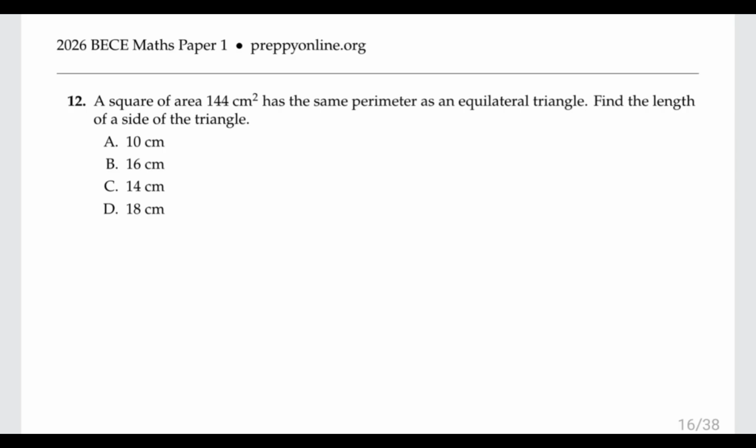The next question is question 12. A square of area 144 cm² has the same perimeter as an equilateral triangle. Find the length of a side of the triangle. So we have a square. You can sketch that. We are told that the area of the square is 144 cm². So what do we know about the areas of squares?